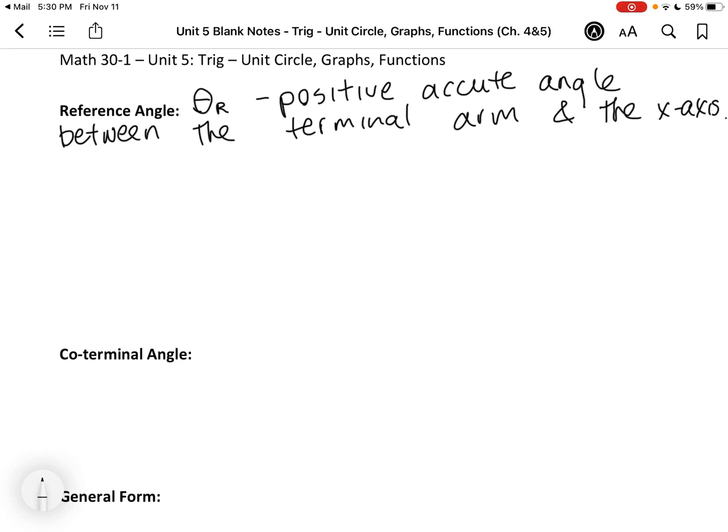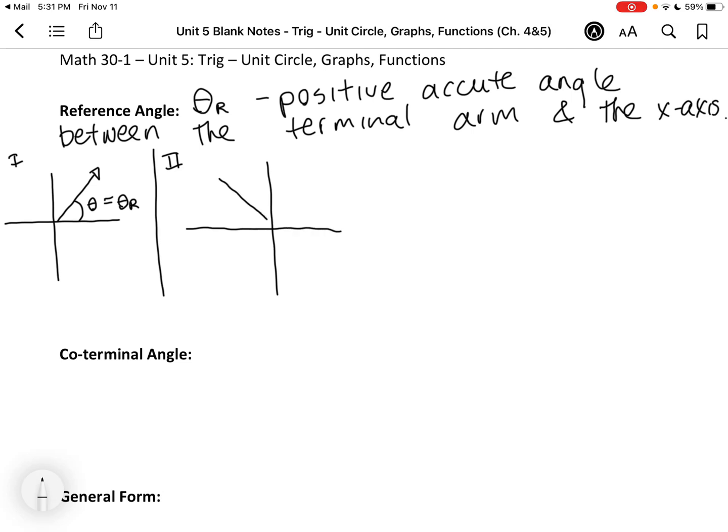Now this is going to look different in every quadrant. So in quadrant 1, that's theta. The acute angle between that arm and the x-axis is the exact same angle. So nothing interesting in the first quadrant. In the second quadrant, there's theta.